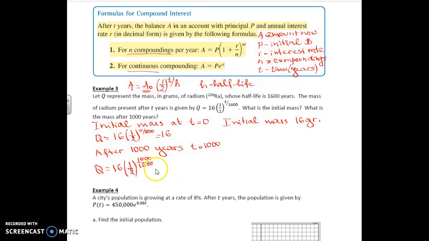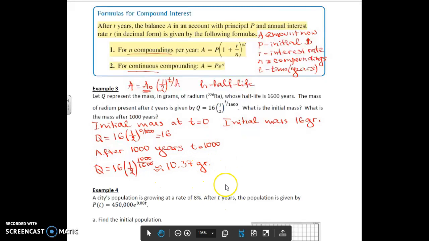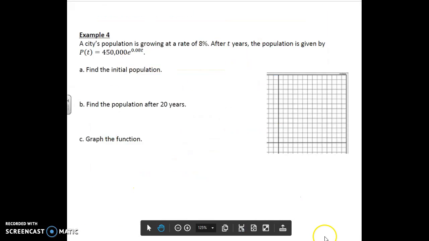This is definitely less than a half-life, which means that my answer should be more than 8. When you input that in the calculator, you get that it is approximately equal to 10.37. This amount is measured in grams, so after 1,000 years, starting with 16 grams of radium, you will have 10.37 grams. To look at a second problem, please pause the video and read the problem.